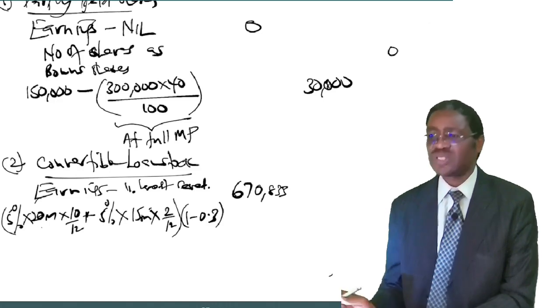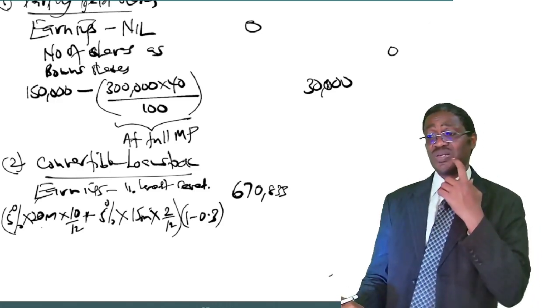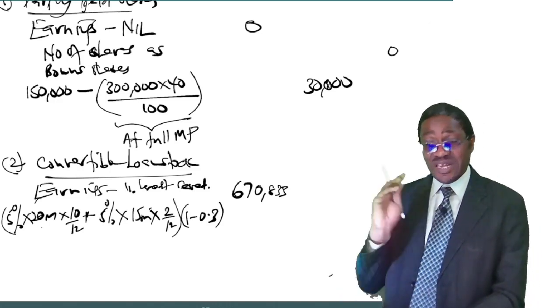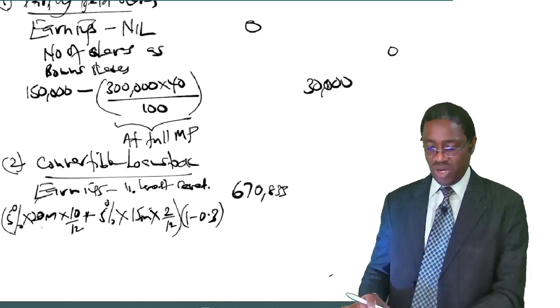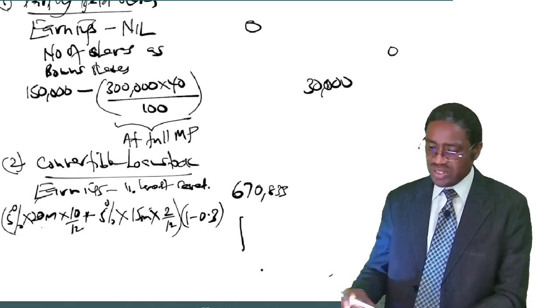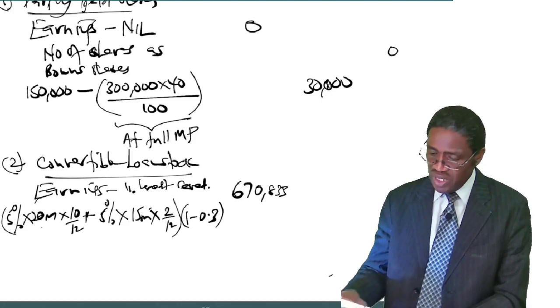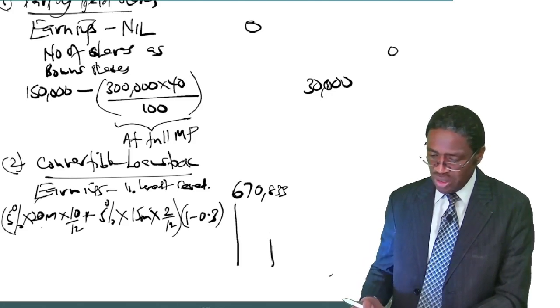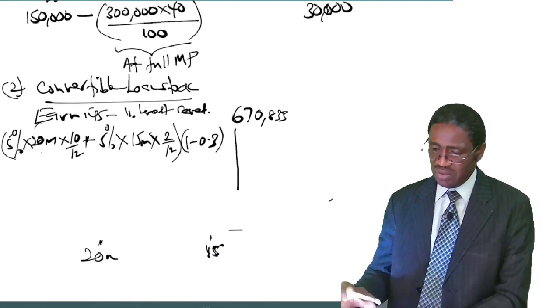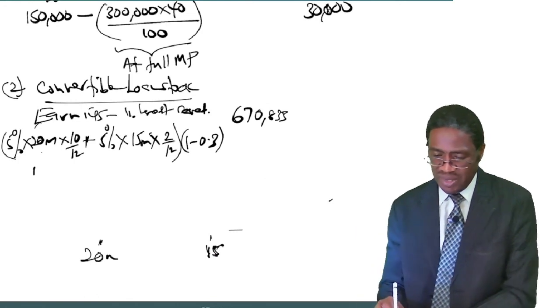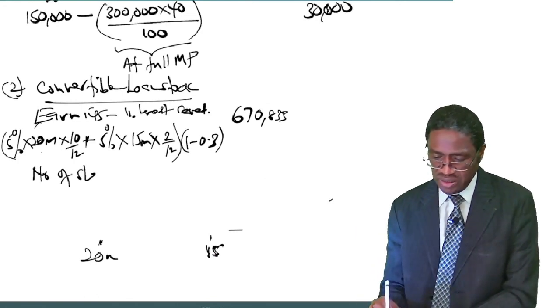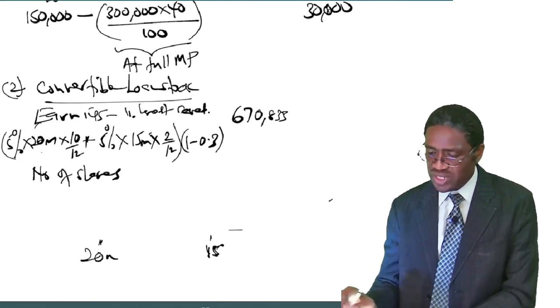That's all for the incremental earnings. What about the incremental number of shares? On the same, what is the incremental number of shares now? So we come and see the number of shares. I want you to listen carefully again.